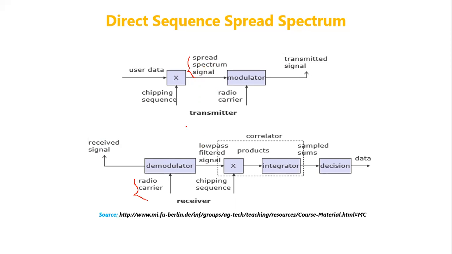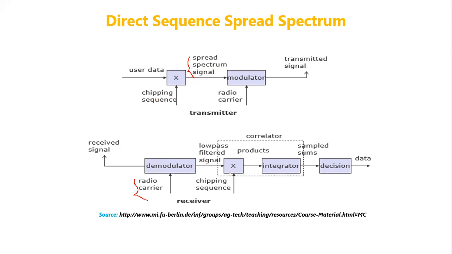Now we want to convert the spread spectrum signal to the user data. For that, this spread spectrum signal is passed to a unit along with the chipping sequence, the same chipping sequence used by the sender.